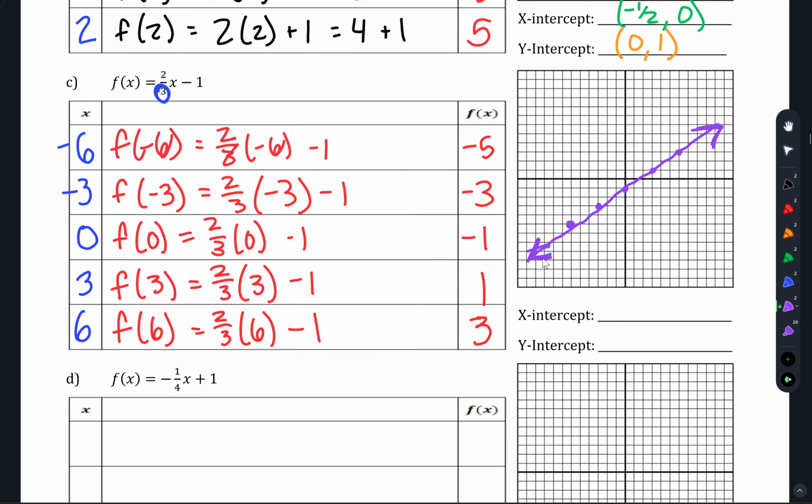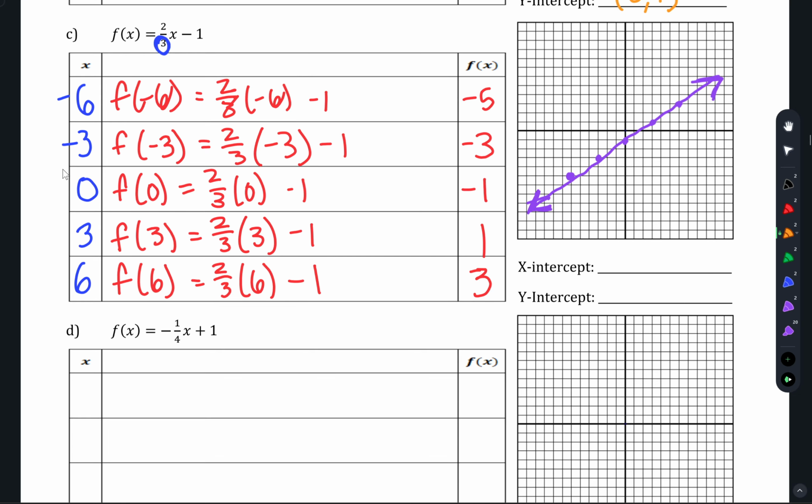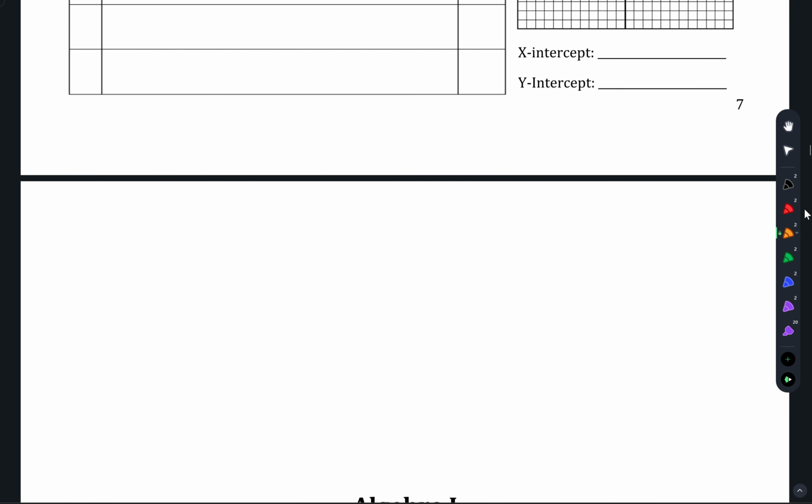Okay. Y-intercept, x-intercept, what's our freebie? In the middle. Is this our y-intercept or our x-intercept? Y. How do we get our x-intercept?